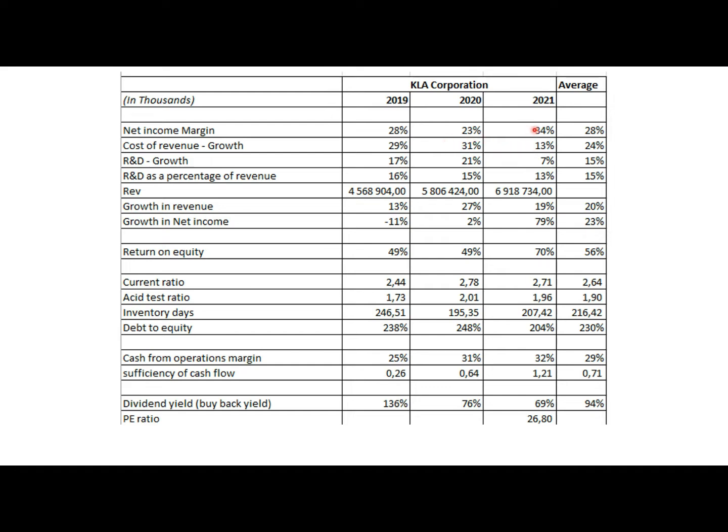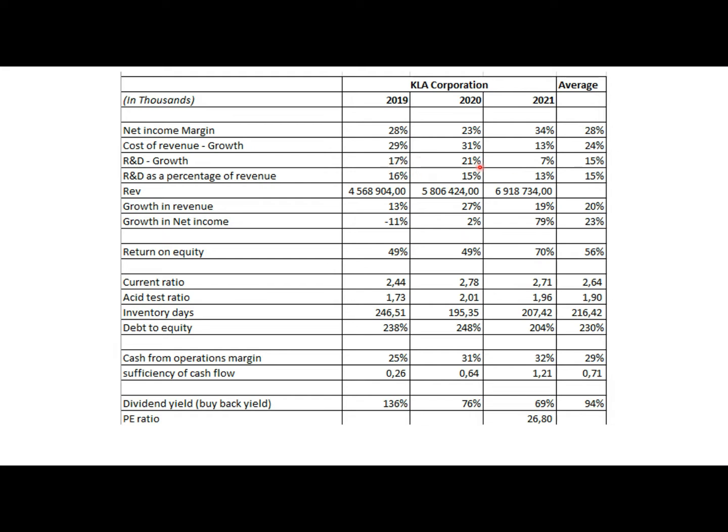Let's cut it to protect margins, but at the same time grow. So, considering the current climate of COVID and supply chain disruptions, you do expect companies to rein in cost a bit where they don't need to. You don't have to spend what you don't need to. R&D, both as a percentage of revenue and the growth of it, has slowed down a bit.